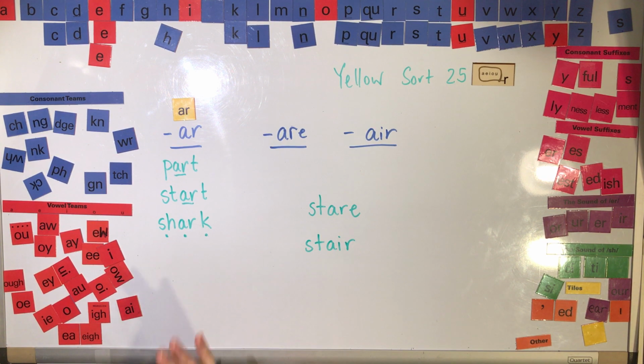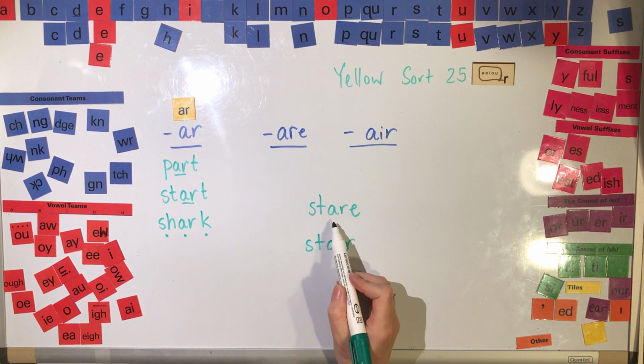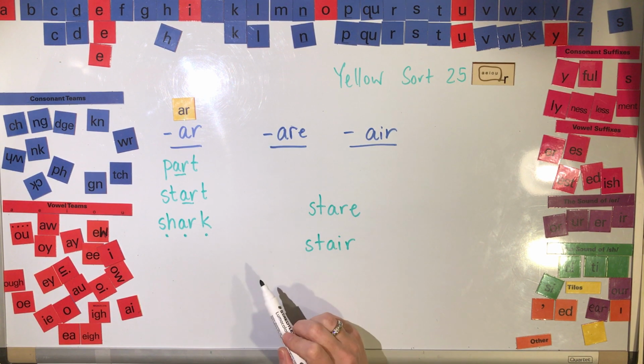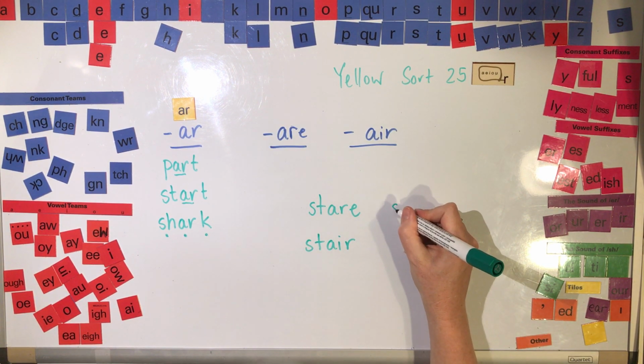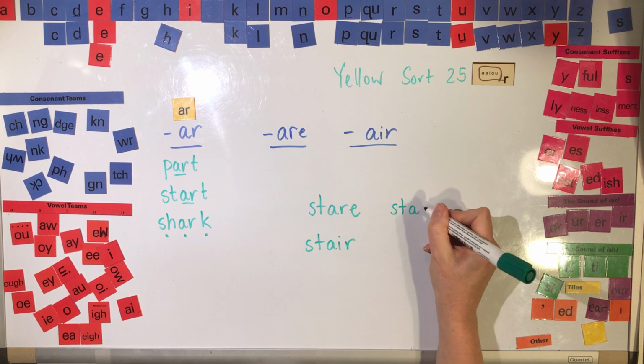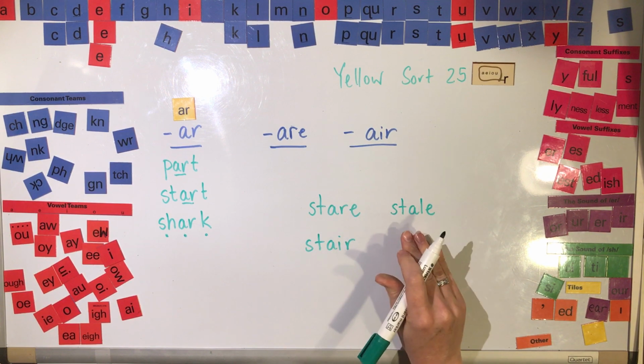So I want to show you how R behaves in a completely different way to every other consonant, and how the R, remember this rascal R, impacts words. Let's take that word and instead of R, we'll put L, just a random other consonant. So let's say stale. Do you see how that behaves completely normally?